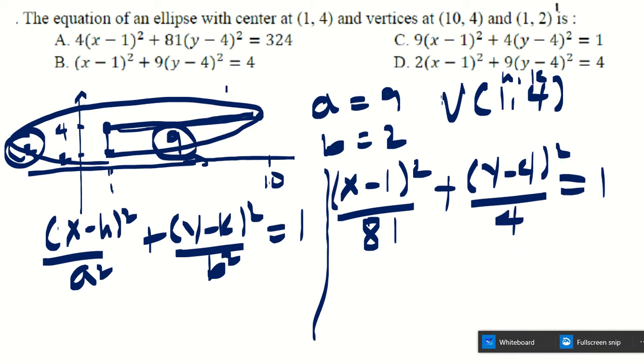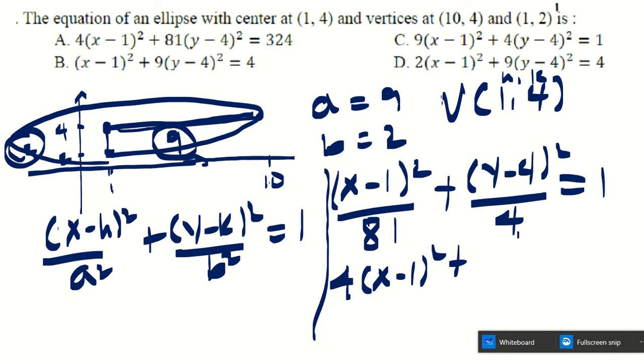Then which choice contains this one? You can multiply 81 times 4, which is 324, because there is no denominator in the choices. This is the standard form, but it's not written in that way.